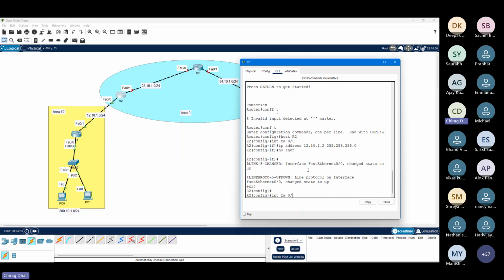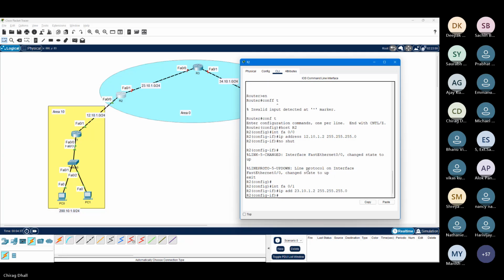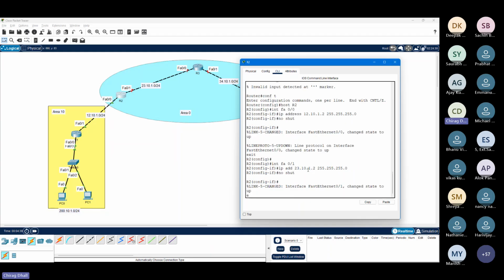Interface Fa0/1, IP address 23.10.1.2/24 subnet. No shutdown, exit.